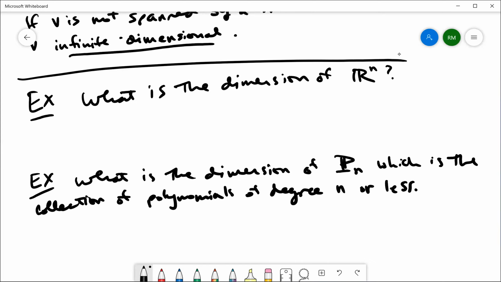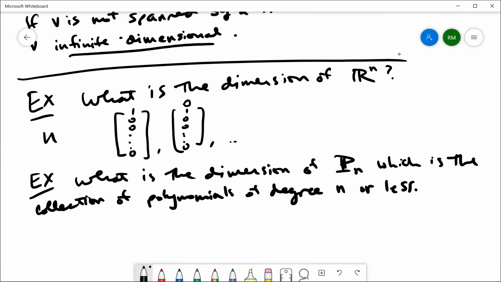All right, for the first one, it's probably not a big surprise. The dimension's n. We've actually written down a basis before. It's the standard basis, where the basis elements are all zeros in the vector with a 1 in one of the entries.